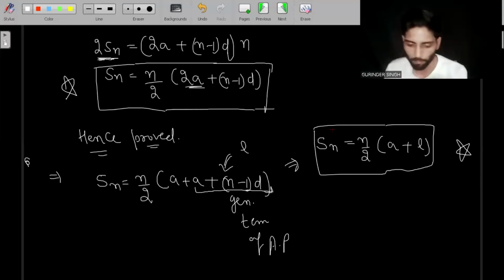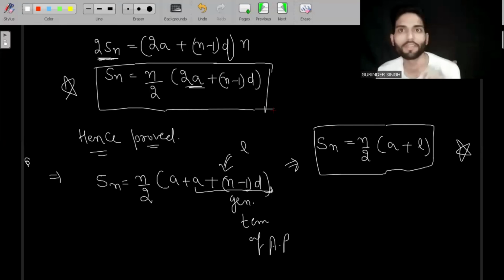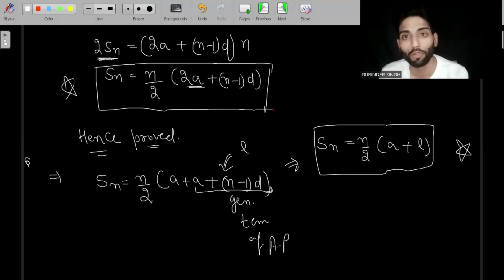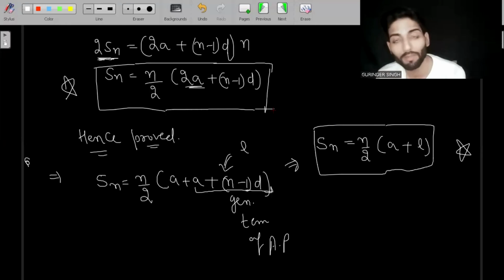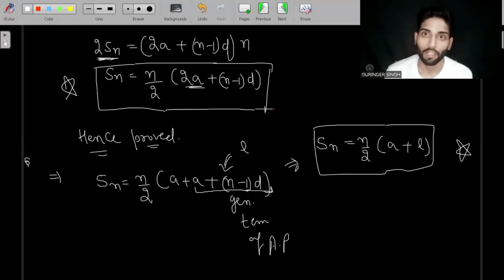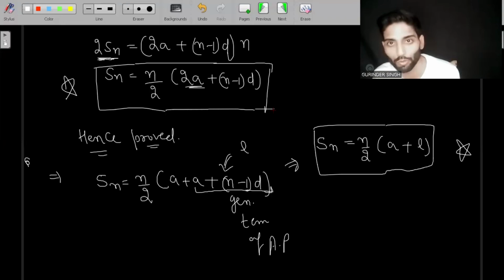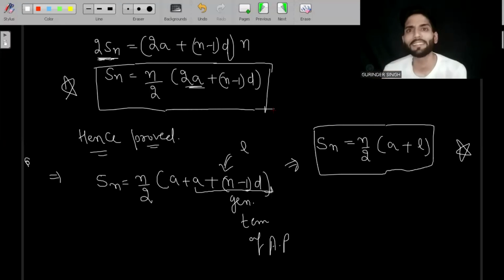Today we have derived two Sn formulas, very important for your examination, and we also derived the general term of AP, that is an equals a plus (n minus 1) into d. We also looked at common mistakes done by students, so be careful, don't make those mistakes. This concept is really easy. Give it some time, do some questions, and the formulas will be on your fingertips.